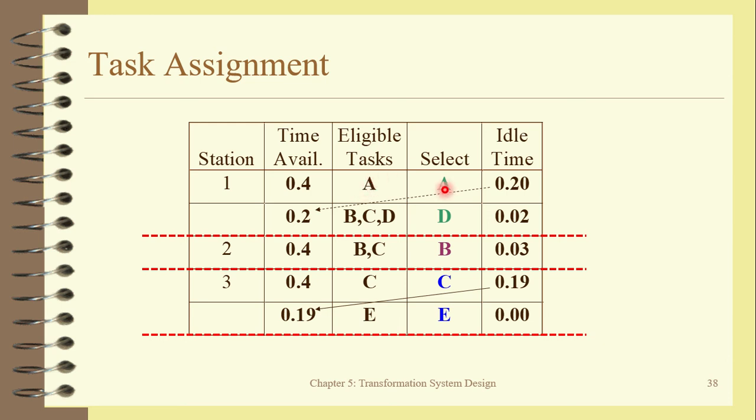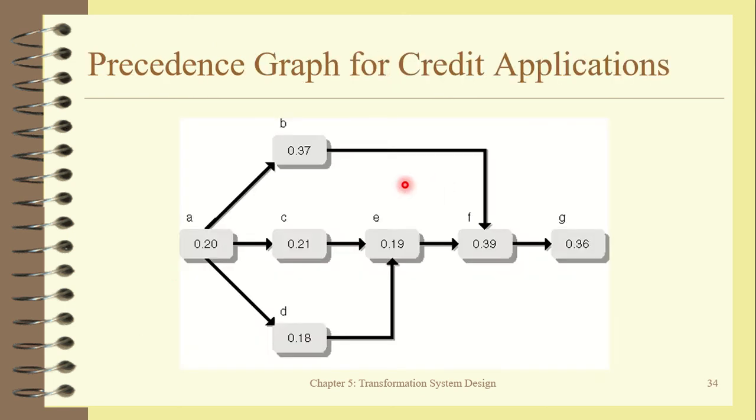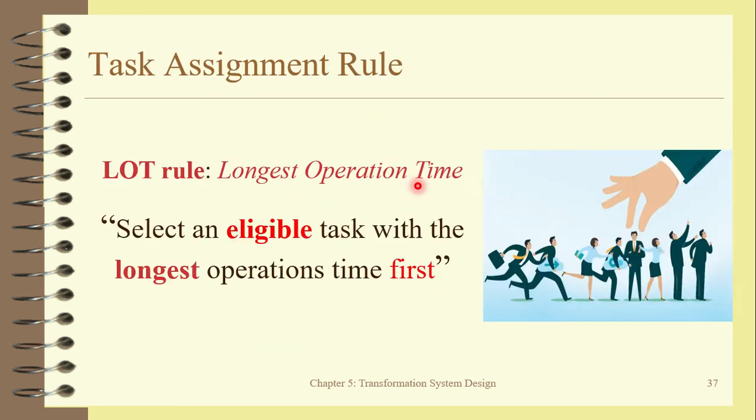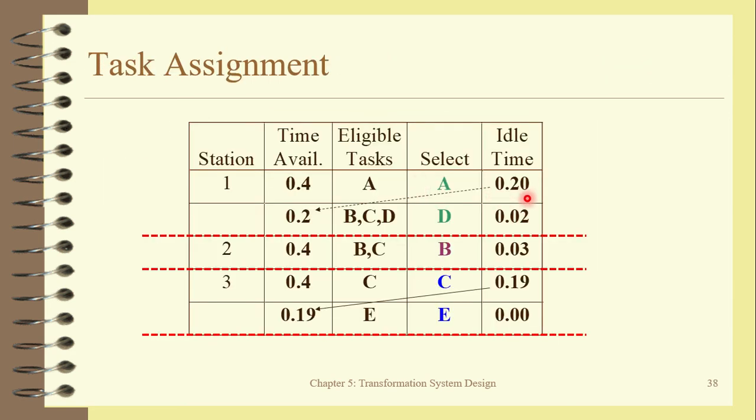So you select task A. And the idle time comes from the available time 0.4 minus the operation time of task A, that is 0.2, which is 0.2.